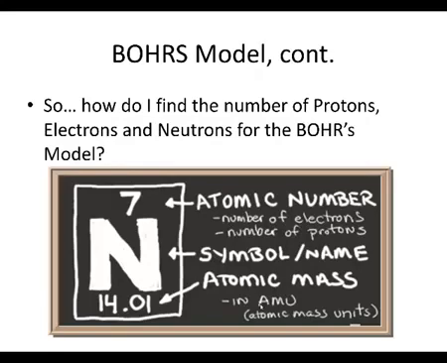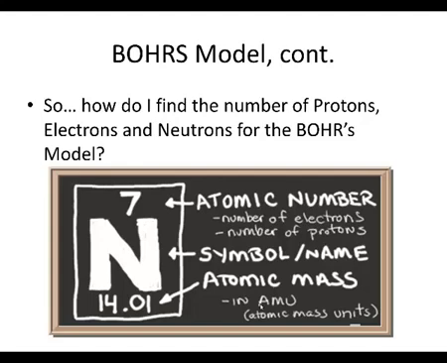So how do I find the number of protons, electrons, and neutrons for the Bohr's model? The atomic number, found at the top of the box for each of the elements, contains the number of electrons and the number of protons. So that 7 for nitrogen represents the number of electrons, and it also represents the number of protons.